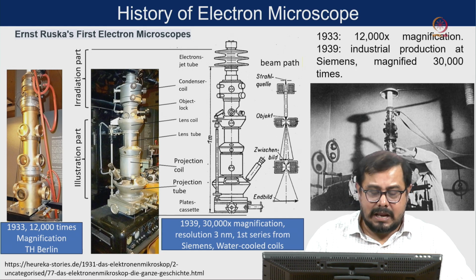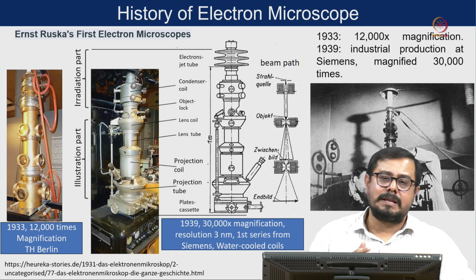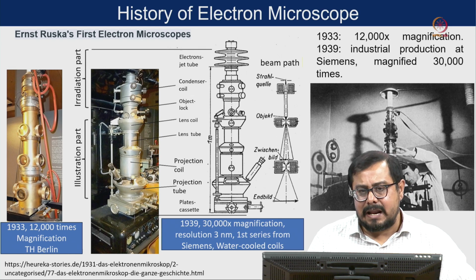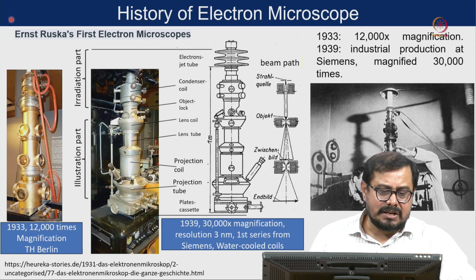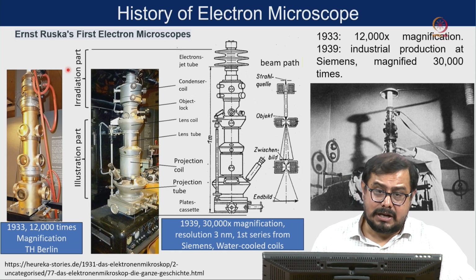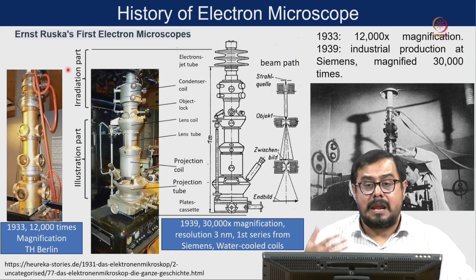This really helped after de Broglie's discovery that electrons have wave-like properties also, and that encouraged scientists like Ernest Ruska to use the electron to make an electron microscope.